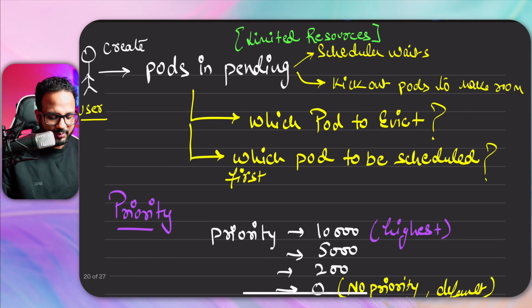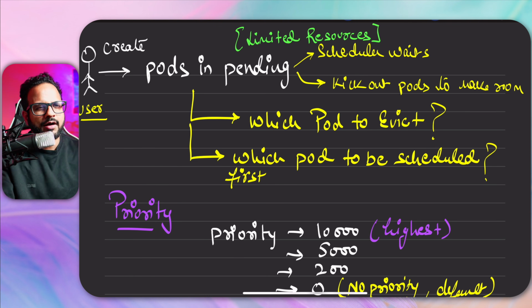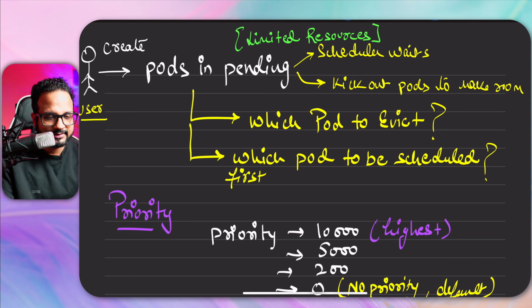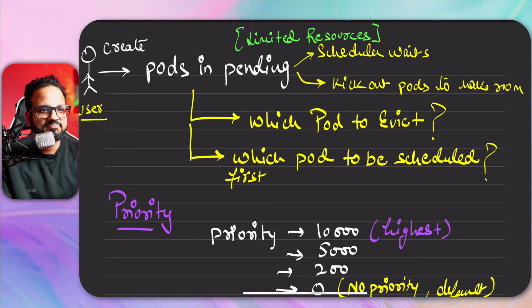Okay, so let's try to understand from a high level what exactly is priority and preemption. Let's say a user creates new application pods. Initially, the pods will be in pending status, considering this is a resource constrained environment with a limited number of resources, or most of the resources have already been occupied, so the pod will be in the pending state until it gets the resources.